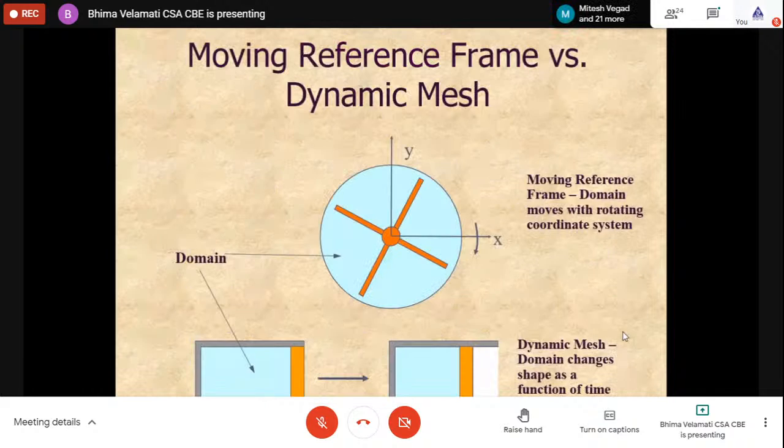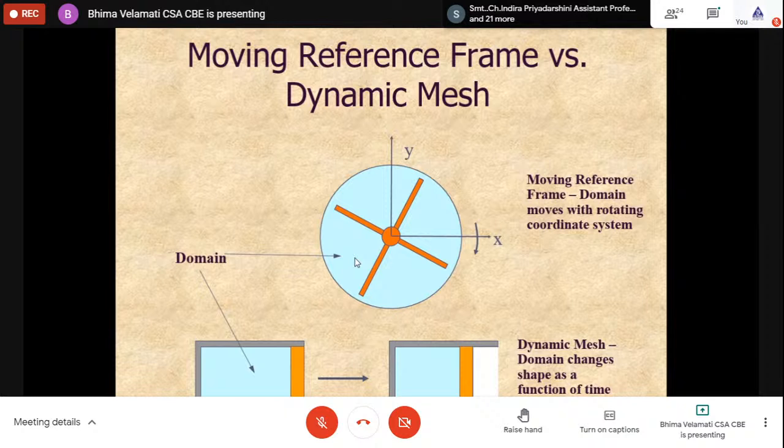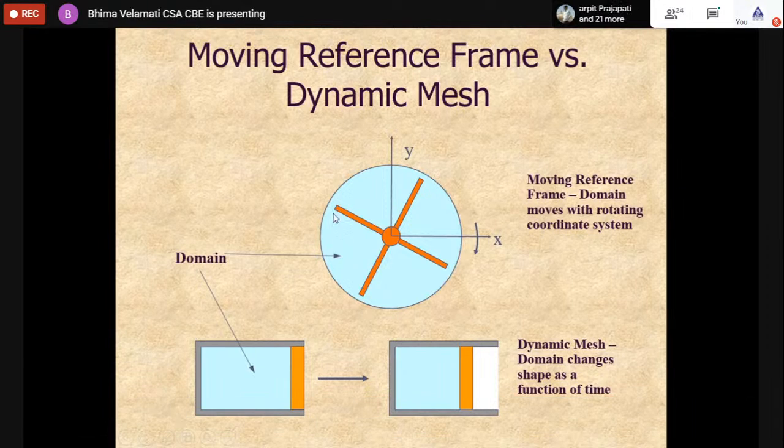So let us look at an example. If you have an impeller like this, and it is rotating, and I'm trying to solve for the flow around this impeller, then I can always solve as if I'm sitting on the impeller, then the fluid is rotating around it. Because I'm sitting on the impeller, I'm stationary, the fluid is rotating.